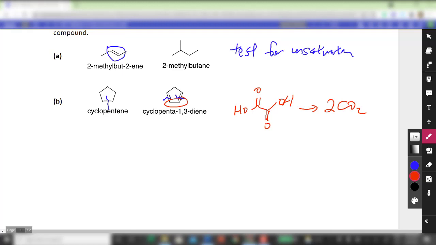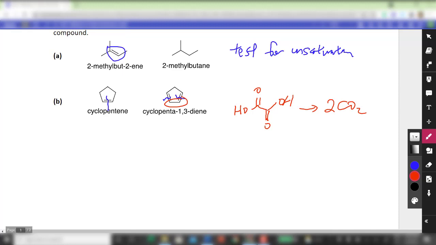You'll realize it will give a white ppt in lime water. Or if you are sharp enough, you could realize some form of effervescence being evolved. But just make sure that when you warm it in the water bath, the temperature is not too high as to cause the water to boil. In that case, you can observe the effervescence of CO2.